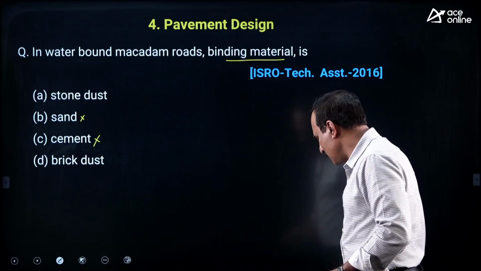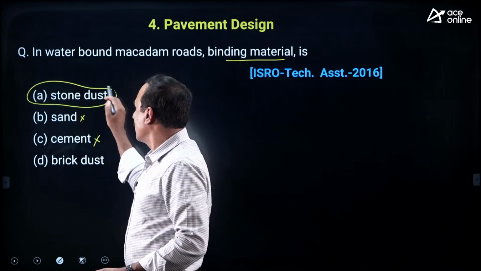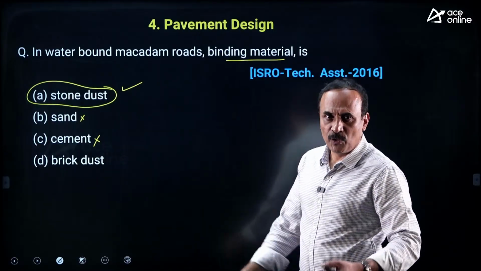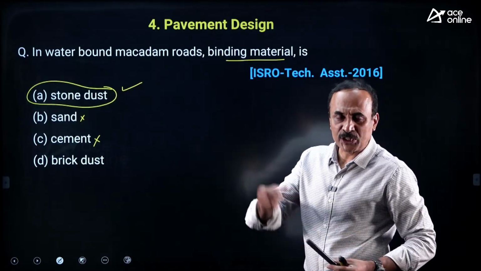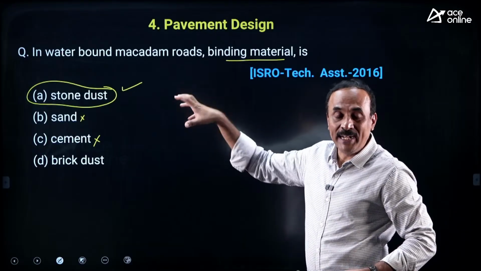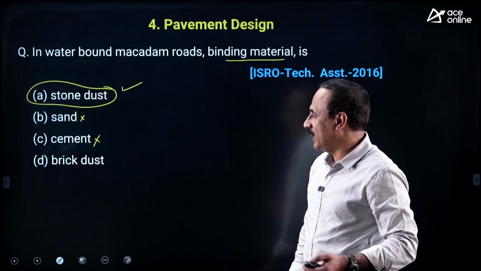Any answer? Stone dust is a binding material and brick dust we never use it. Stone dust, that too with crushed stone pieces we will use it. With the interlocking they will bind it together. The angularity causes binding together.